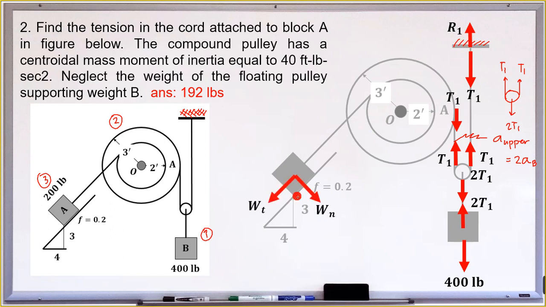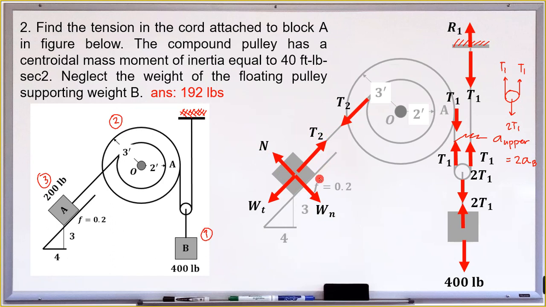Then let's focus on block A. We have component forces of its weight: WT, along the inclined plane, and WN, the normal component of the weight. Then we also have the normal force, because it rests on the surface, so the normal force is automatically exerted. Of course it is connected to the rope, so we have T2 here.